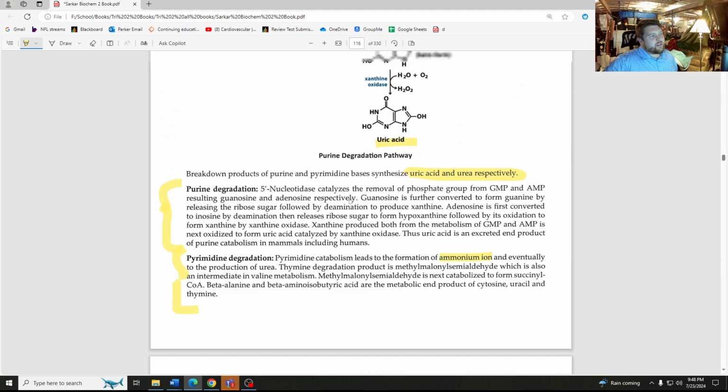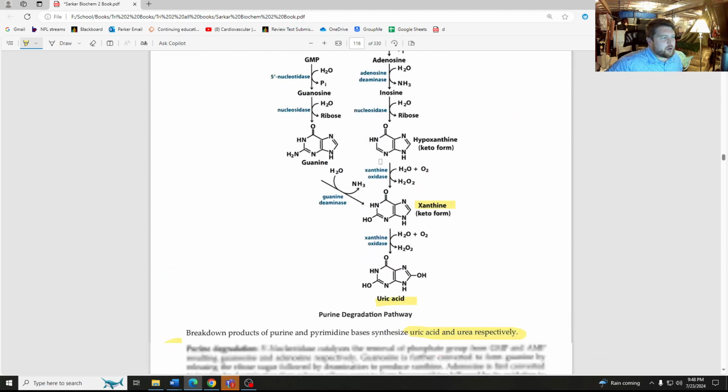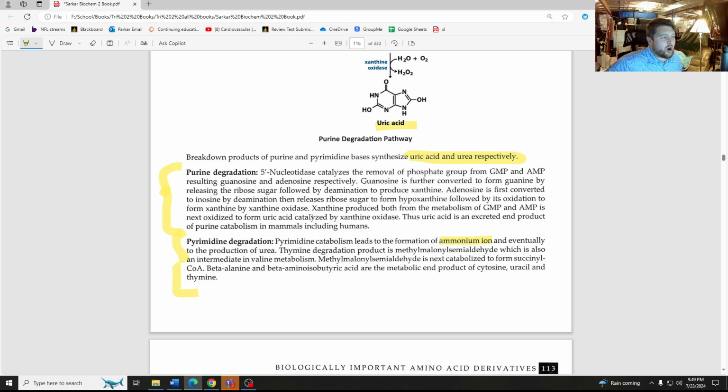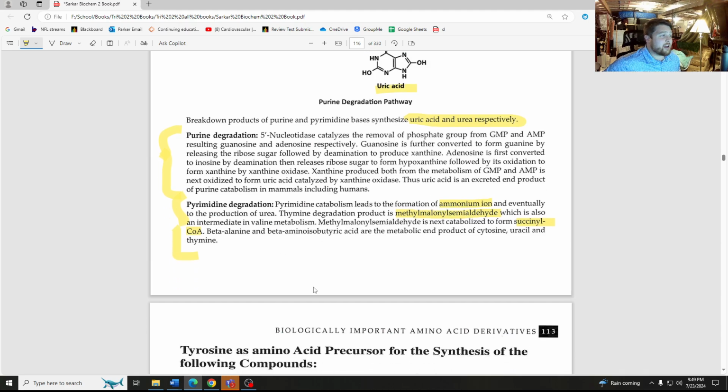Is it really worth it to memorize this entire process just for that one question? Probably not. I'd probably remember pyrimidine degradation, connect it with methylmalonyl semialdehyde, and then connect it with succinyl-CoA. That's about as far as I would go into remembering that component.